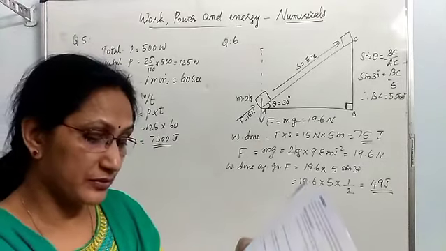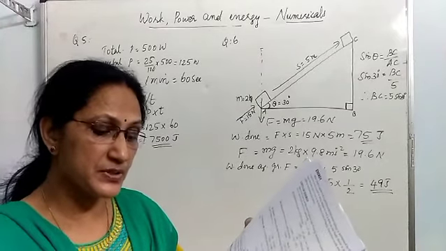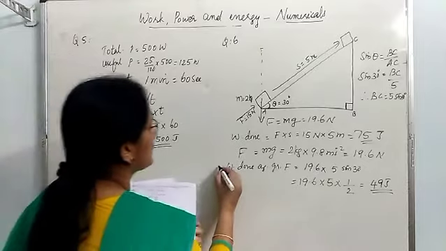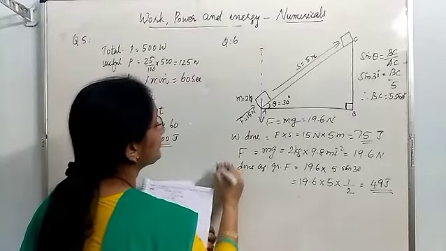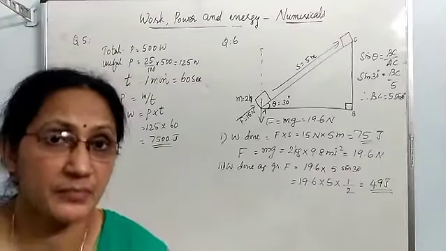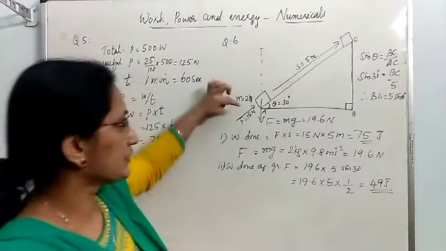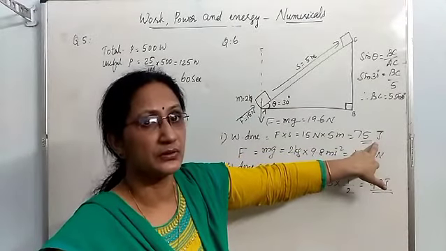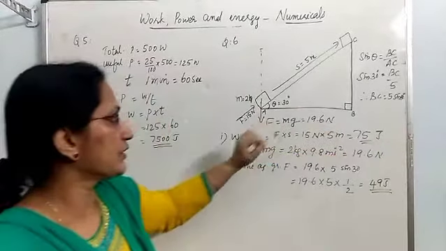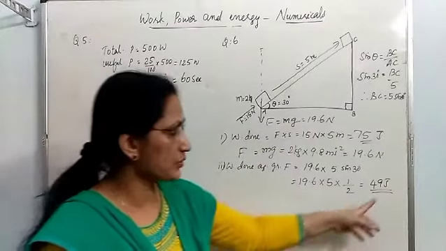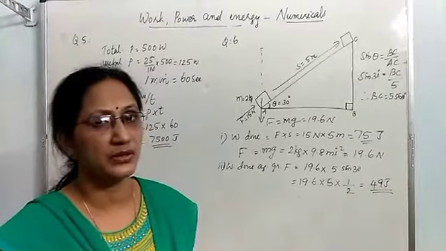Now, fourth part of the question, explain the difference between part 1 and part 3. This is part 3. This is part 1. What is the meaning of this question? This force is doing a work of 75 Joule. Then work done against gravitational force is only 49 Joule.